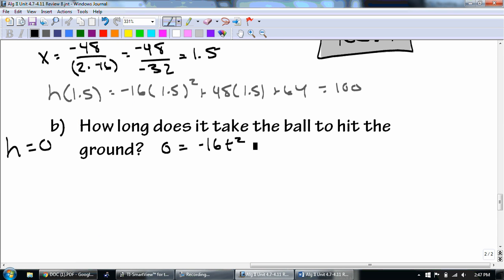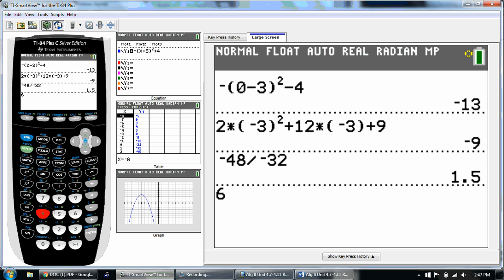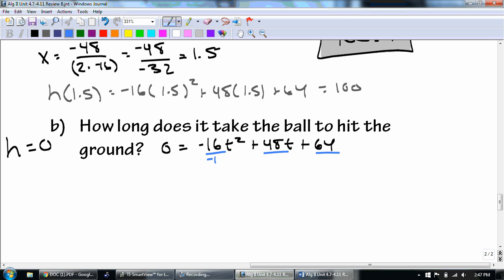The first thing I want to do is take out a GCF. I'm pretty sure 16 goes into all of those, right? Yeah. So I'm going to divide everything by negative 16. We have 0 equals, my GCF goes out front, it doesn't disappear. And then I'm left with t squared minus 3t minus 4.